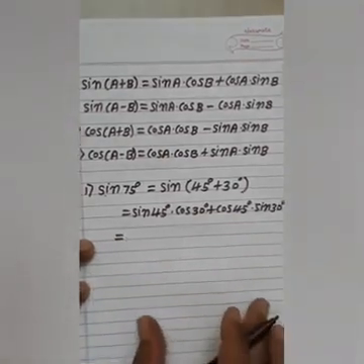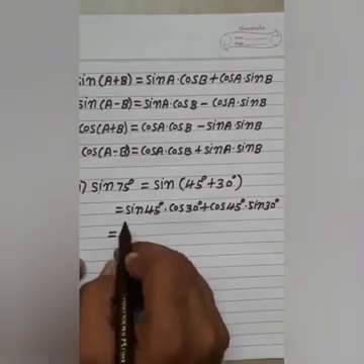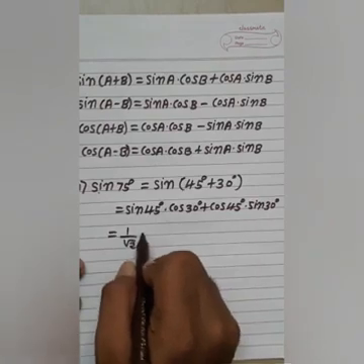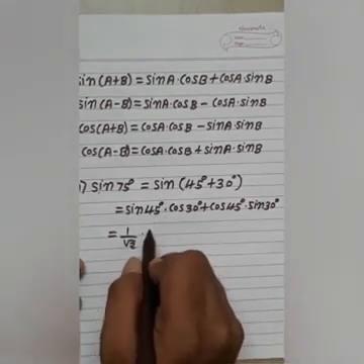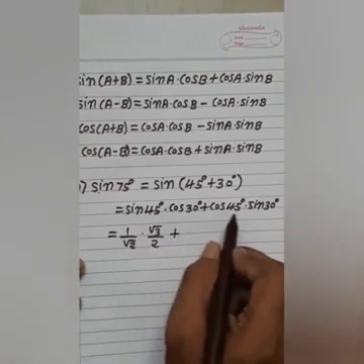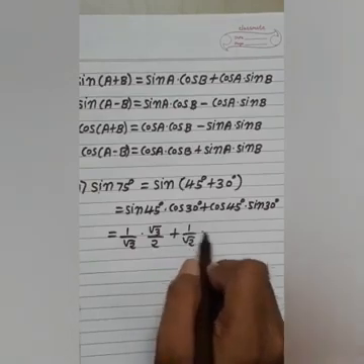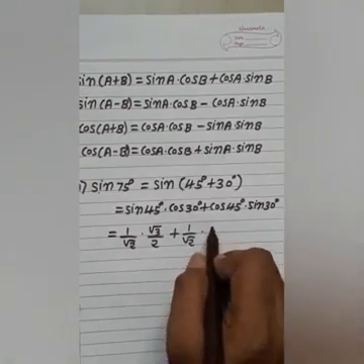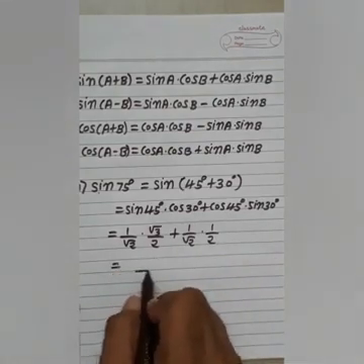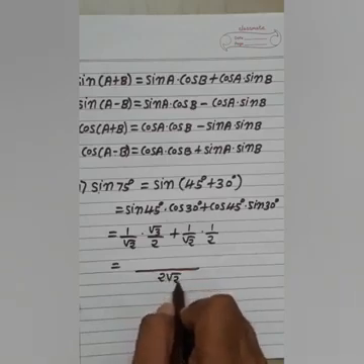So it is equal to sine 45 value, from the trigonometry table, 1 upon under root 2, into cos 30 value, under root 3 by 2, plus cos 45 value, 1 upon under root 2, into sine 30 value, 1 by 2. So it is equal to, our LCM is 2 under root 2.